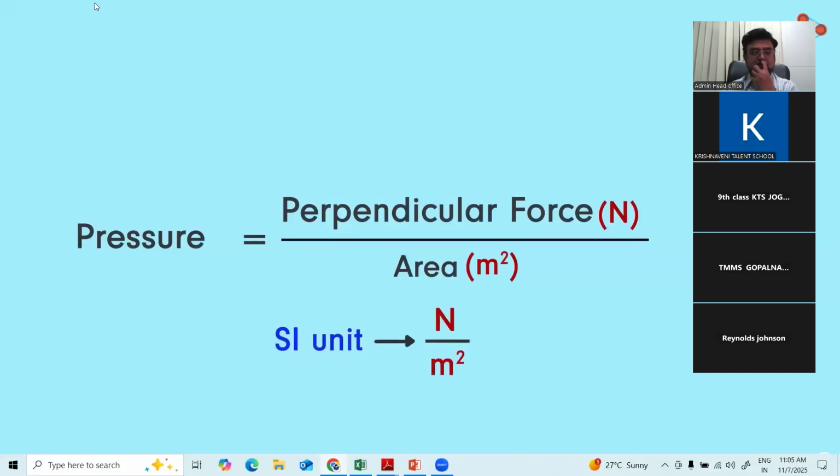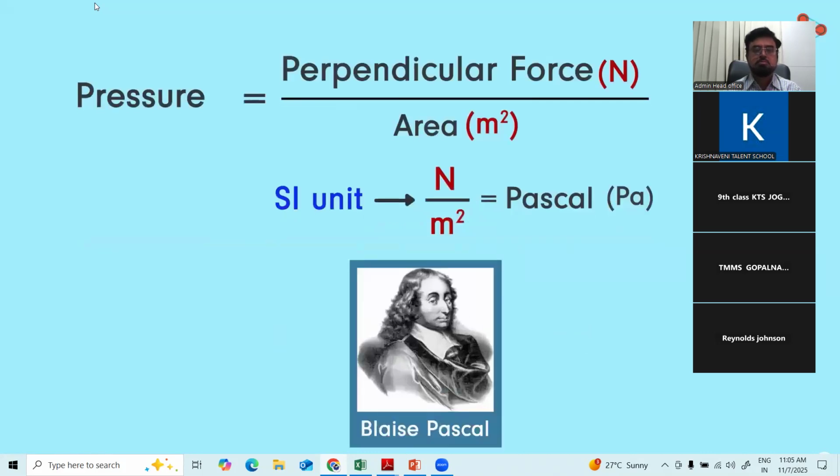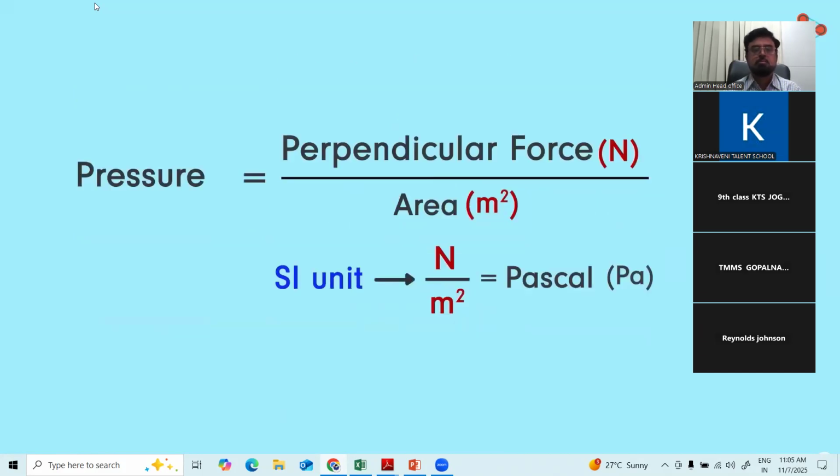It is also called Pascal, which is denoted by Pa. Why is it called Pascal? It is given this name to honor the achievements of a French scientist named Blaise Pascal for his contributions in hydrostatics and hydrodynamics. Observe the equation carefully.